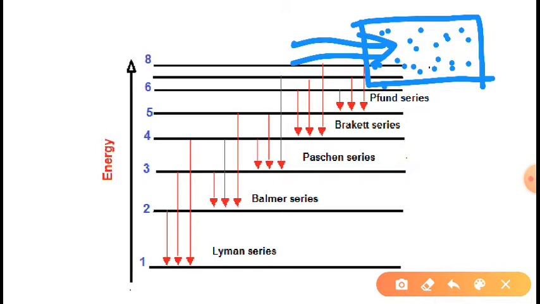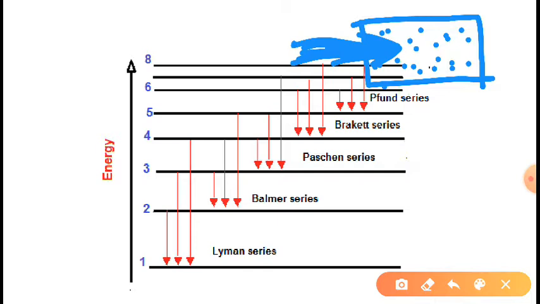the atoms of the hydrogen which are present in this container will take energy from the source which we are applying here. It will take energy and it will go into the excited state.